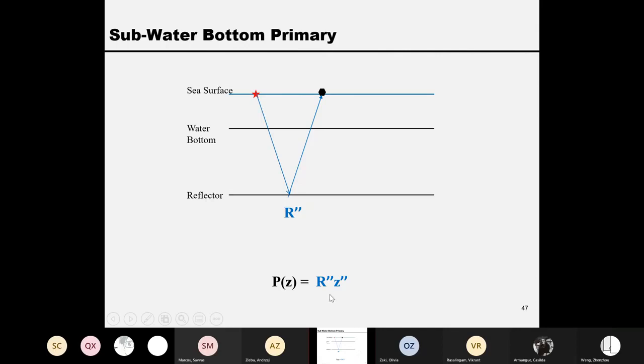You can represent it as a reflection coefficient R double prime, which means the reflection coefficient of this layer, and the Z double prime, which means Z with a power that depends on this travel distance. This power is the travel distance divided by delta Z, because of the index of time samples, right? So this is a primary.